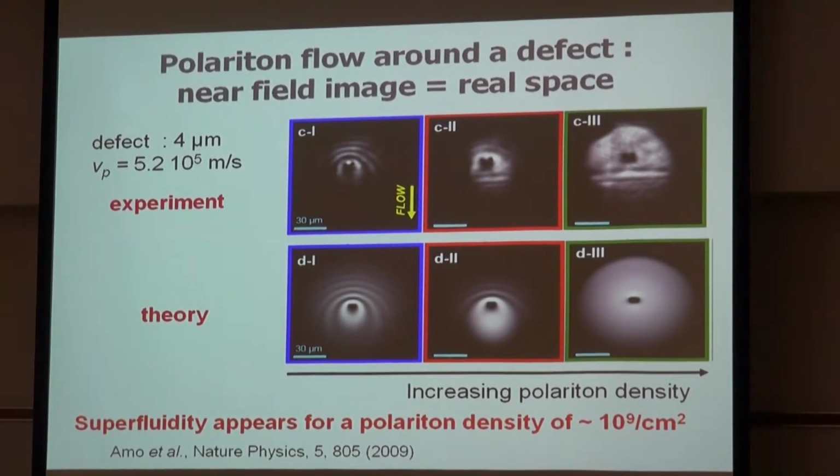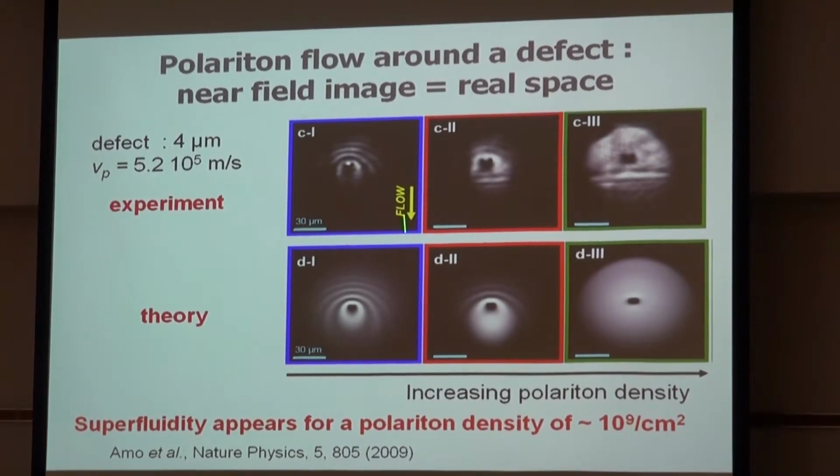With the experiment, you see here that what is observed at low polariton density is what is predicted by the theory. So these fringes are just due to the interference of the plane wave of the polariton fluid flowing like this, and of the circular waves.